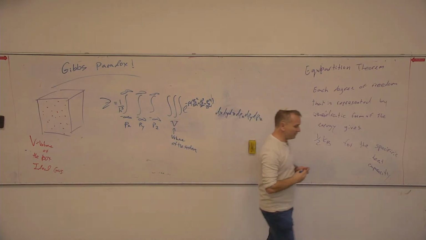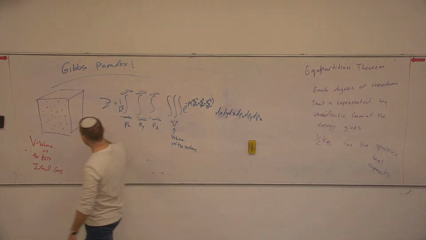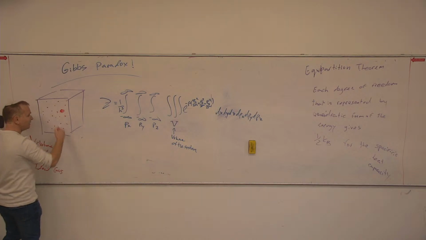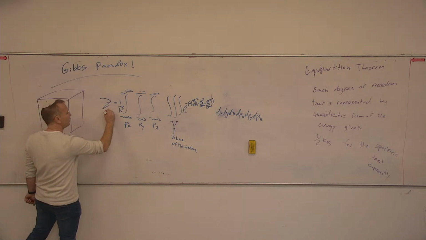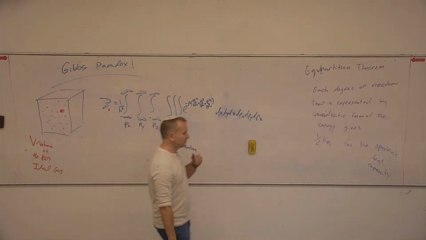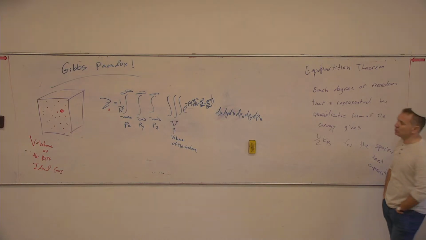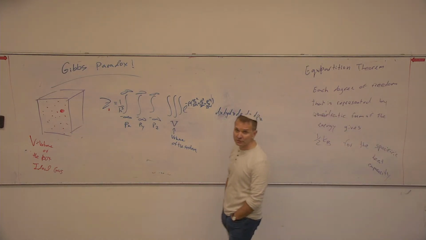So what I've described over here, I've taken one particle, this one, and I have written the partition function of this specific particle. Okay. Now, why am I troubling myself in writing the partition function of one specific particle?